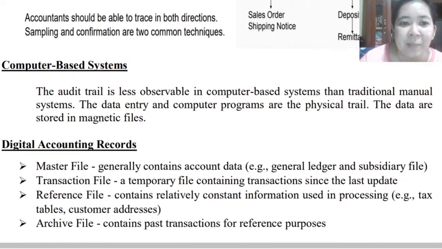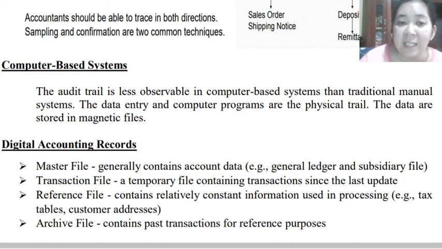Okay, so for the digital accounting records, here they have the master file. Basically, the master file contains the account data. This is where the general ledger and subsidiary files are located. We also have the transaction file. These are temporary files containing the transactions since the last update. We also have the reference file.